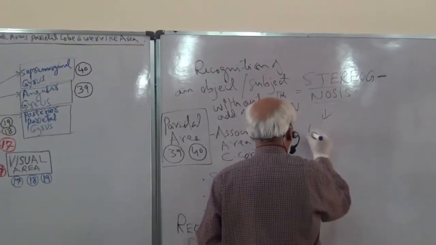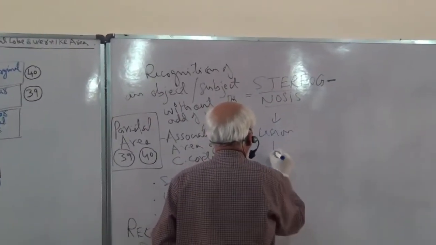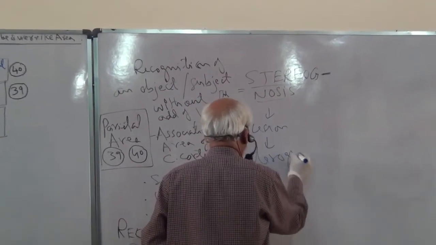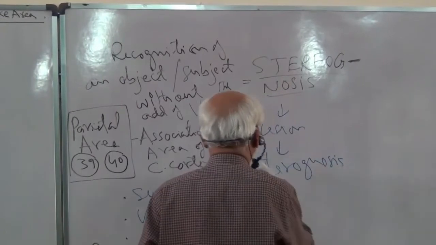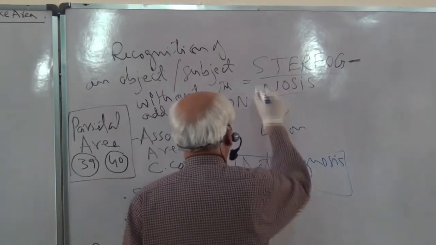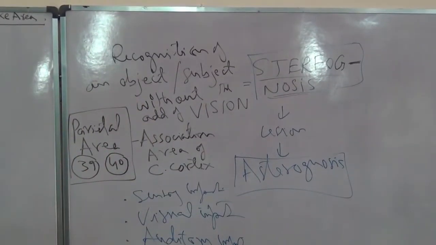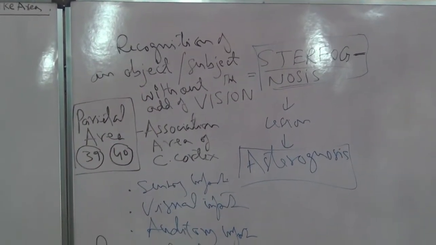If there is a lesion of this area, it will result in astereognosis. The function is called stereognosis, and loss of this function is known as astereognosis.